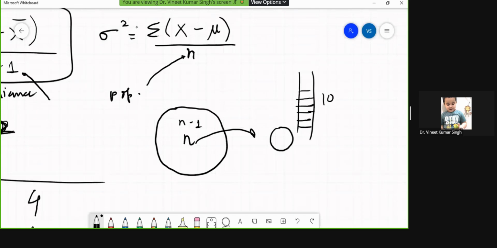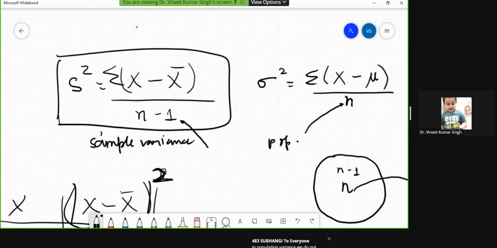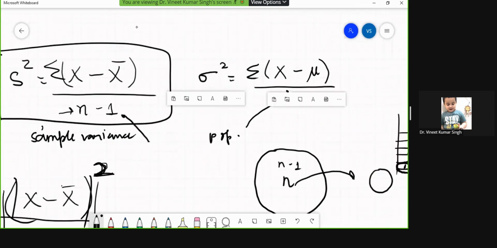You are standing on the first, so how many steps are left? 9. So you are holding this observation. So in the sample case, we always divide the numerator by n minus 1, and in population, it is n.